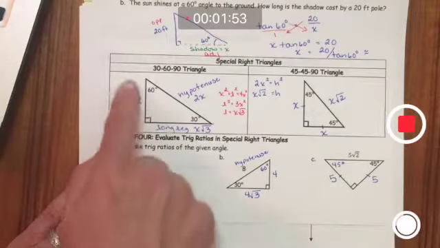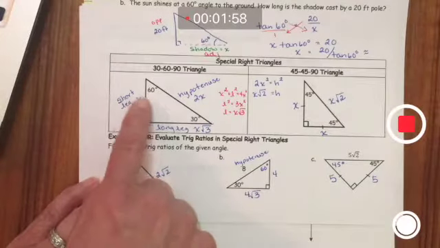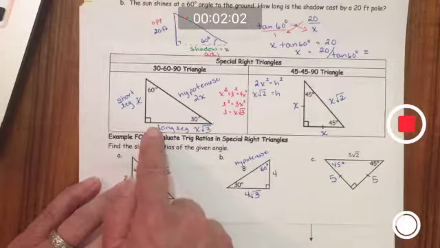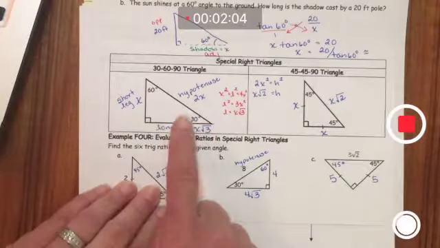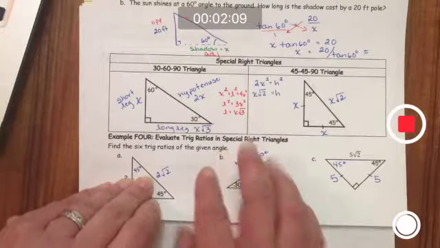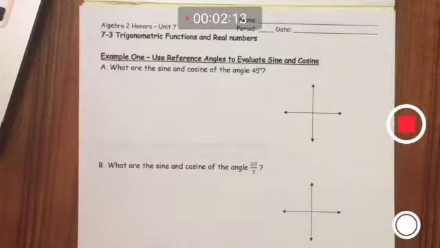And then as long as I know this short leg's value, I can always just multiply by square root of 3 to get the long leg's value. And the long leg is always opposite the 60-degree angle. So we're going to need this when we talk about our special angles in our unit circle. And so that's from last week.